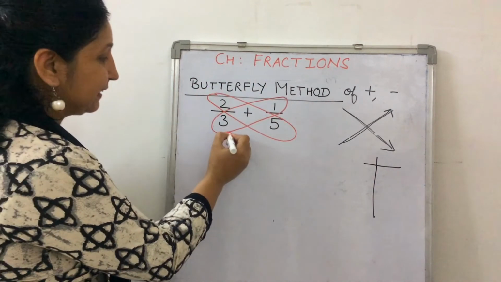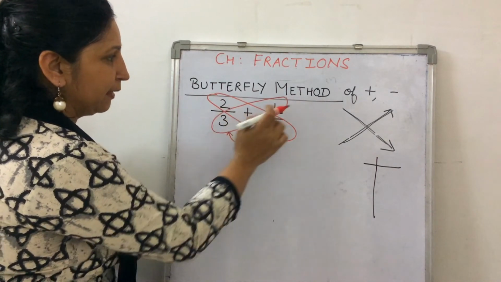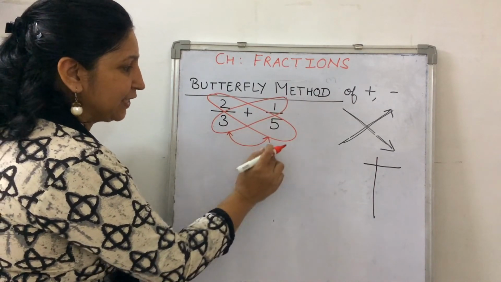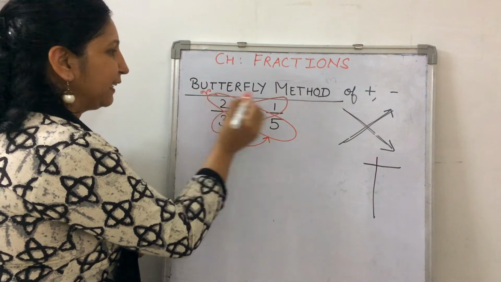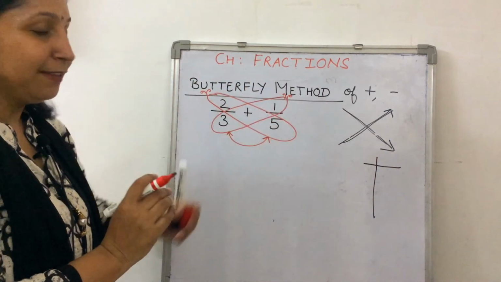These are your denominators. This is numerator, this is denominator, numerator, denominator. These are connected with each other, and here we make two antennas, which a butterfly has on either end.